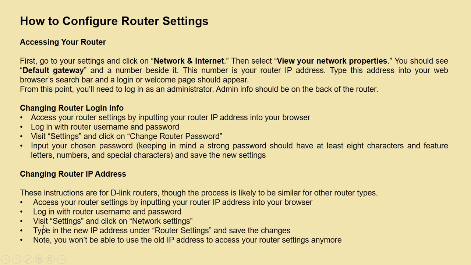After that, go for the settings option, then click on network settings. Then type in the new IP address under router settings, okay. After typing, you save the changes. Note, you won't be able to use the old IP address to access your router settings anymore, okay. After changing, the new one is assigned.